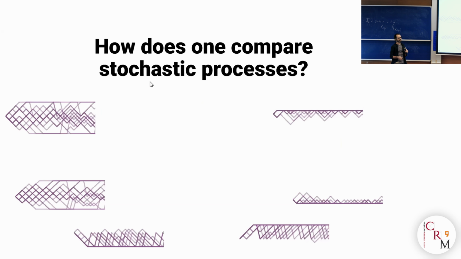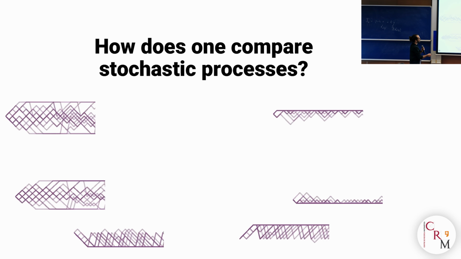Right, okay. So the type of question that we are trying to address in this line of work is the following. How do I compare stochastic processes? How do I quantify the intuition that if I look at these sample realizations of random walks of Markov chains on the real line, this one looks more similar to this one than it does to this other one?